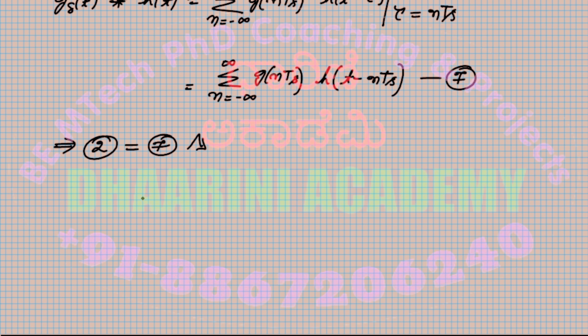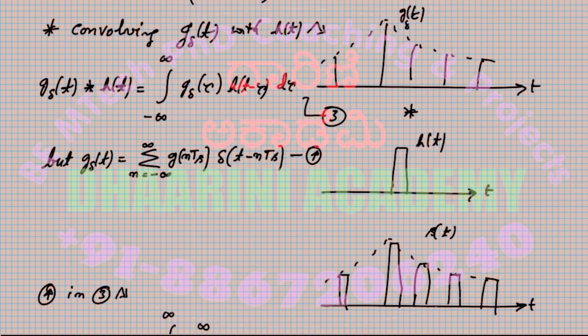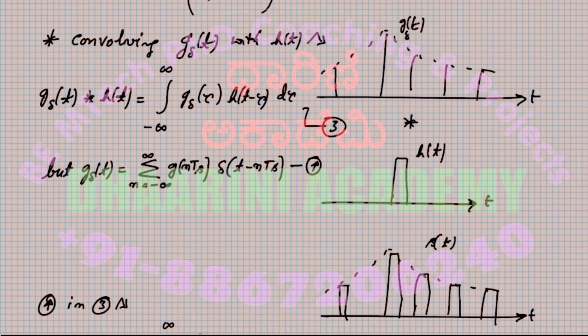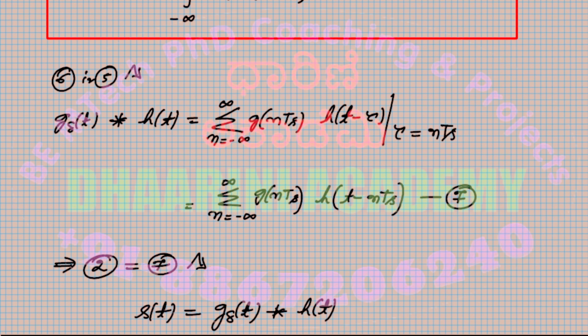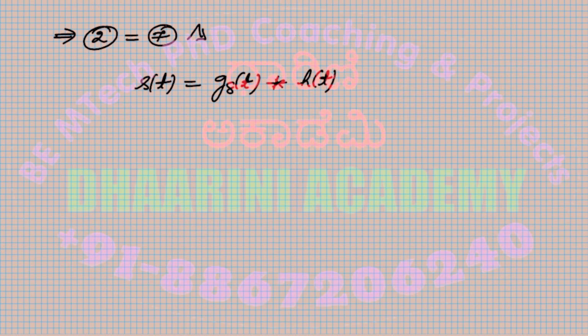That gives a clear idea that the left hand sides are equal. S of t is equal to g delta of t convolved with h of t. I already told you that this is how we obtain it by drawing the graphs, but now I prove this. It's not simply saying that this is how you get the answer. We prove that as well.